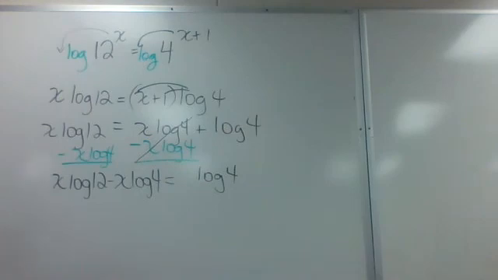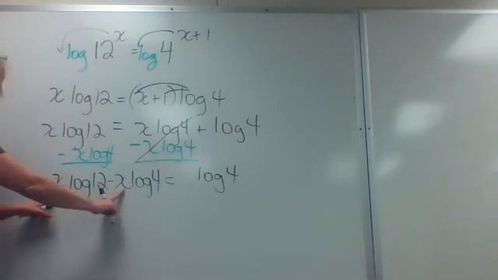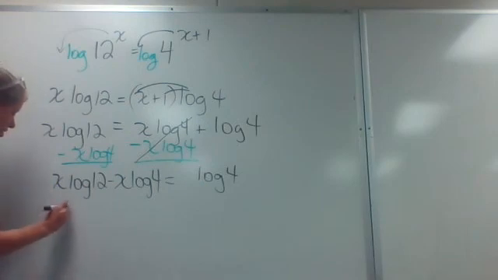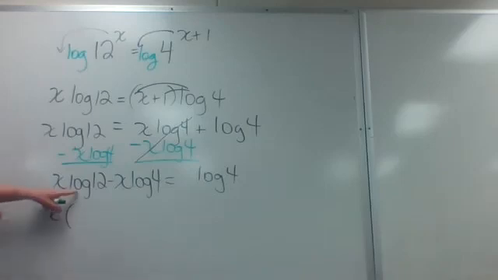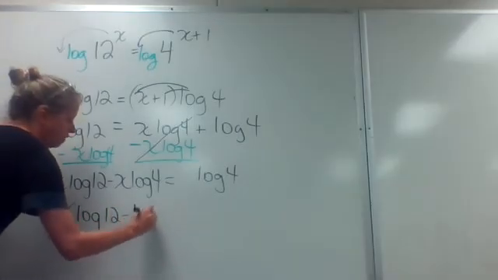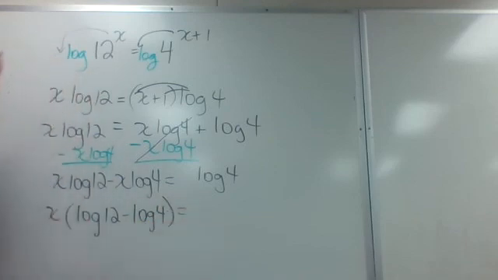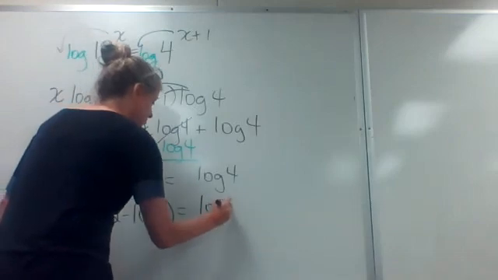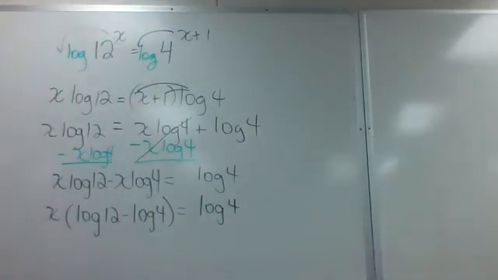And again, the reason you put this over here is because now the x is in common with both terms and you'll pull it out. And put in parentheses what's left. If I take the x out, I'm just left with log 12 minus log 4. Equals log 4.